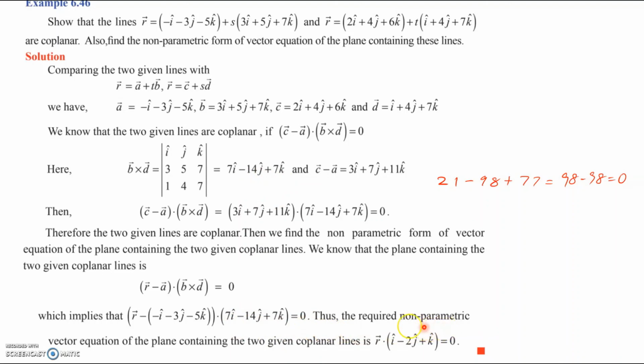Thus the required non-parametric vector equation of the plane can be described as R dot (i cap minus 2j cap plus k cap), equal to the value obtained from A dot (B cross D).